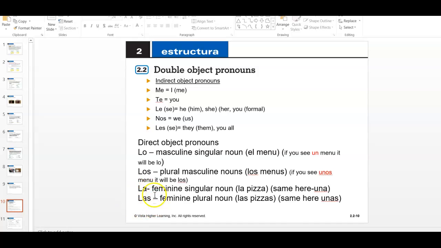The same thing with las: if you see unas, you're still going to use las. And remember, if you see los menús, it's automatically going to be los. If you see la pizza, it's automatically going to be la. So the only ones you have to worry about are el, un, or unos. I hope that makes sense to you.